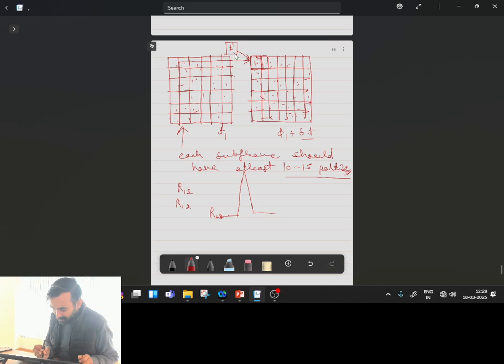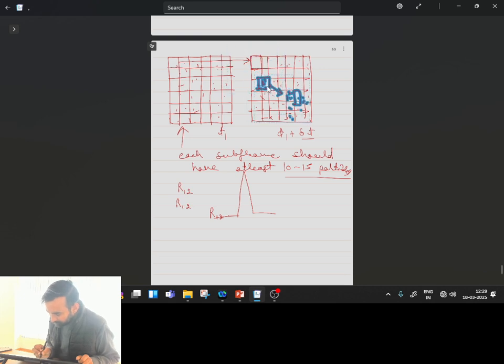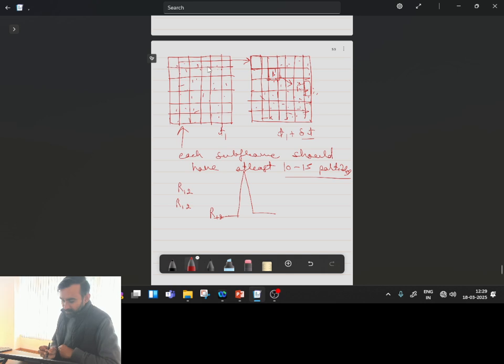Okay, so say this is the frame. This frame has matched with this subgrid in the next time instant. Okay, then what will be happening? This was my origin, which is fixed for both the images.